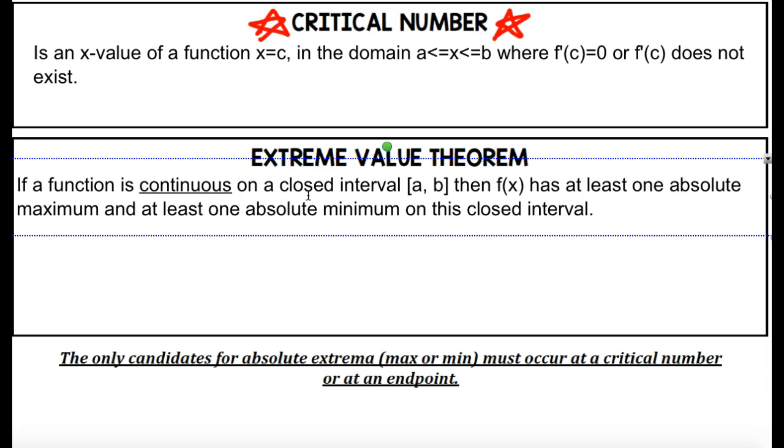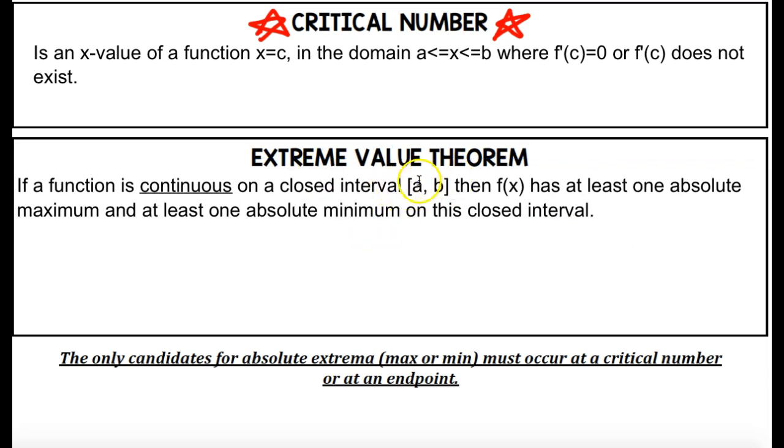So if a function is both continuous and on a closed interval, so those are the two things that we need to have, continuous, closed interval, then the function is guaranteed to have at least one absolute max and at least one absolute minimum value.